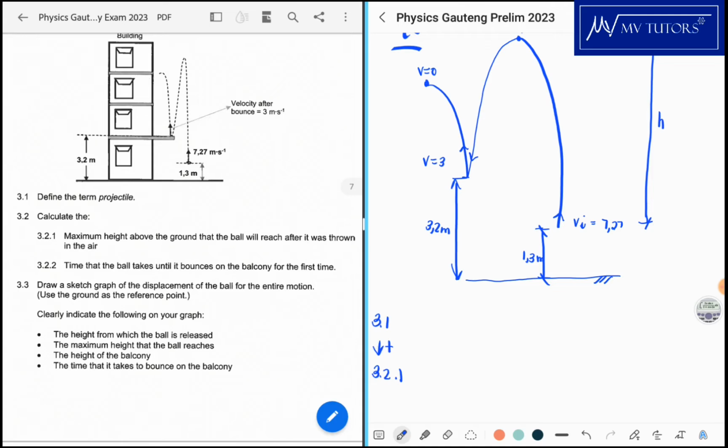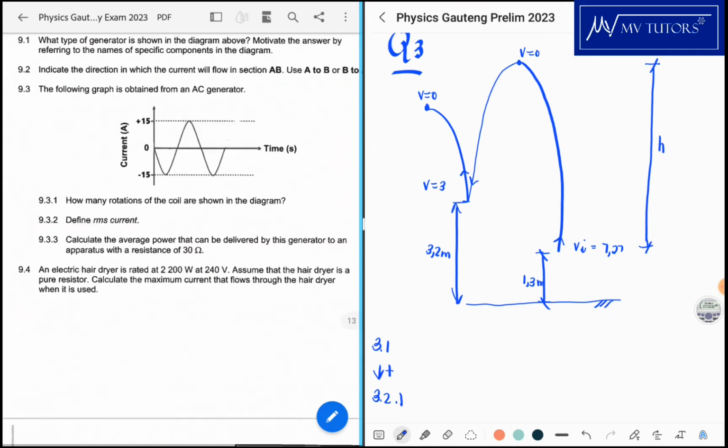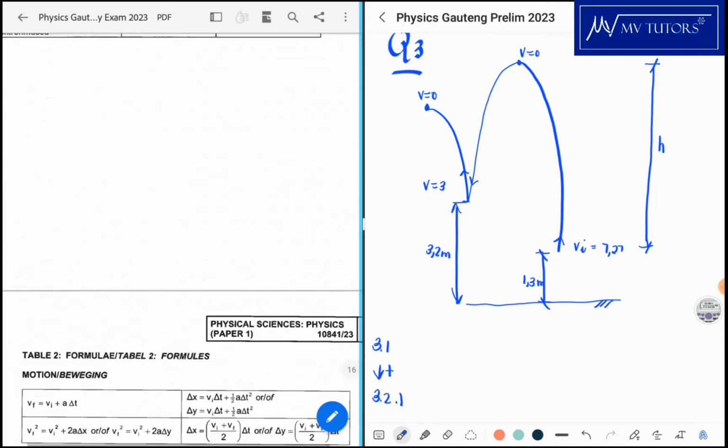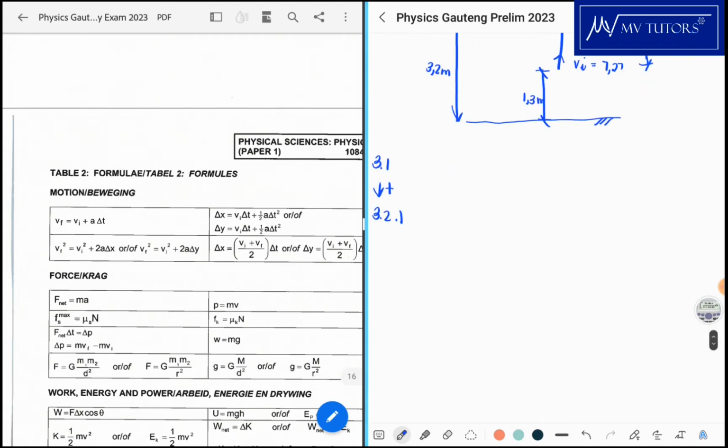If we do that, what do we have? We have the initial velocity, which is 7,27. We have the final velocity, which is 0. And we need the height. So let's have a look at the equations of motion. We have final velocity, initial velocity, and the gravitational acceleration, so we can use this formula: Vf squared is equal to Vi squared plus 2 times gravitational acceleration times delta y.